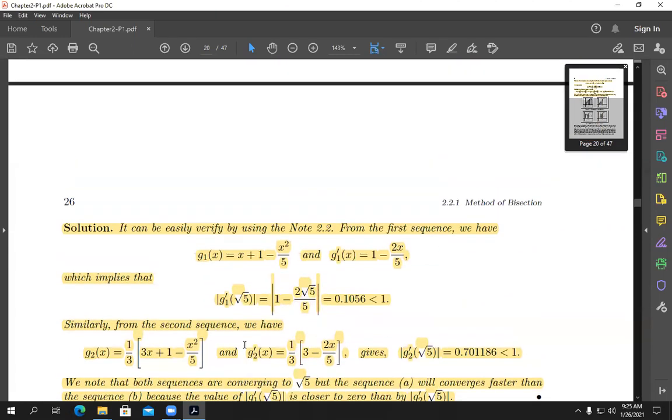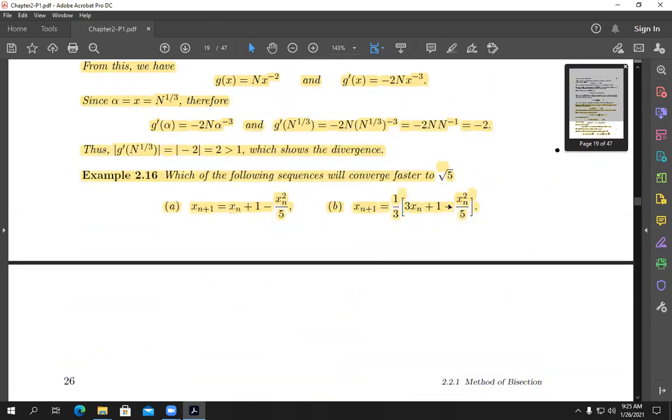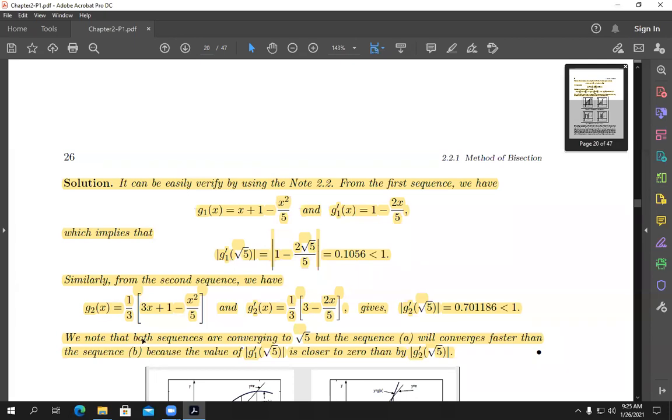What is your second g? This is your second g, which I call G2. I take the derivative, which is this, and then we have 0.7. 0.7 also converges.